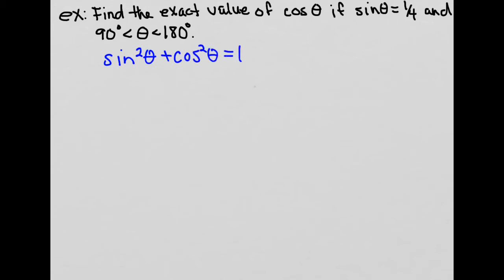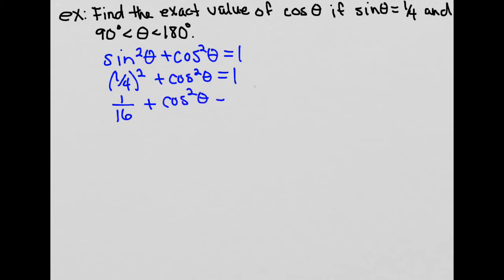We know sine is 1/4, so let's plug that in for sine. So we get 1/16 plus cosine squared theta equals 1. Subtract the 1/16 over, and we get cosine squared theta equals, let's see, 1 minus 1/16 is 15/16.